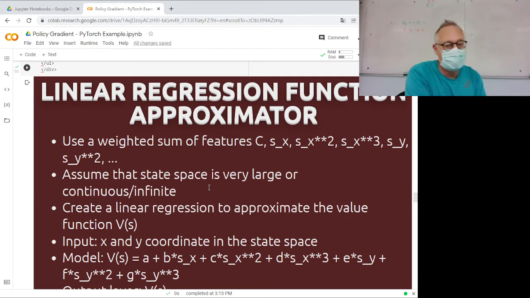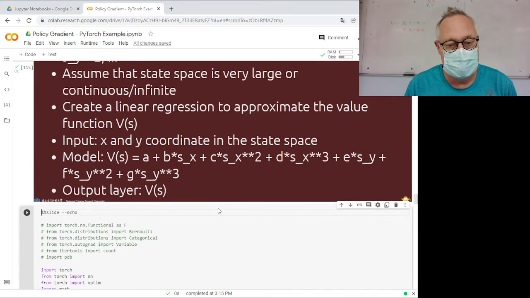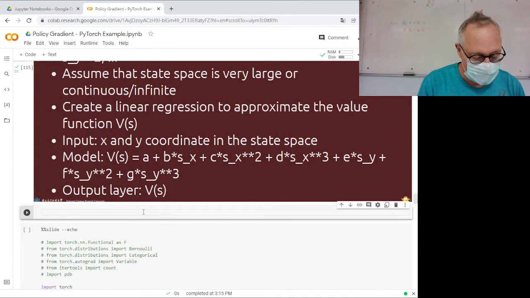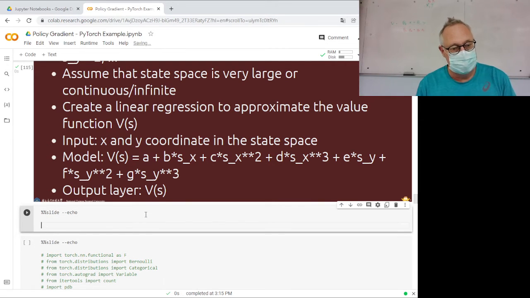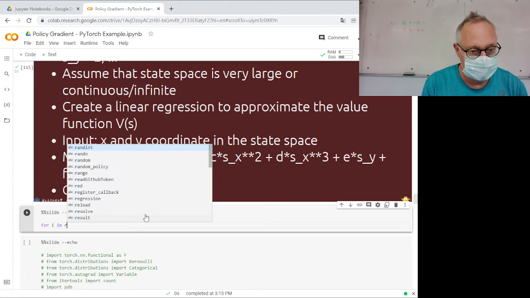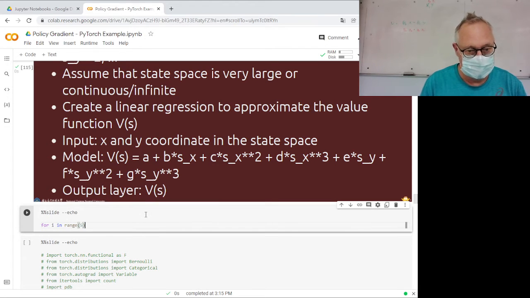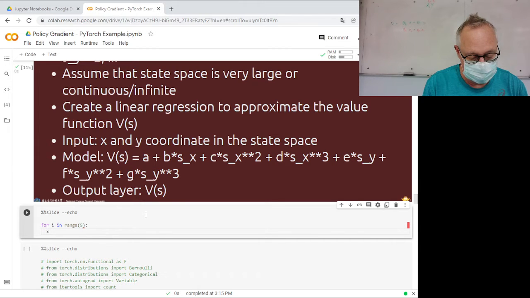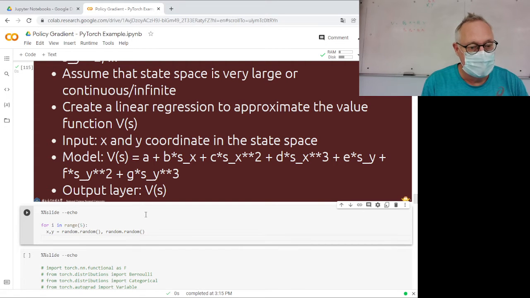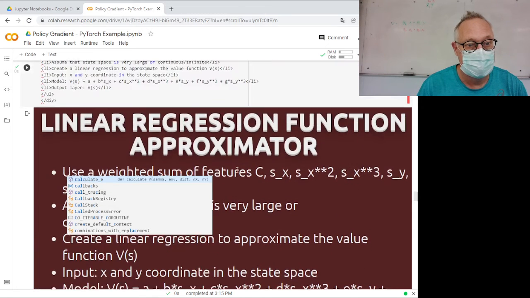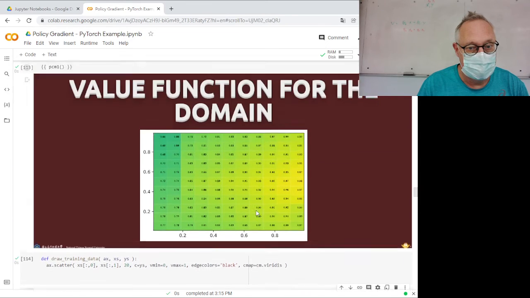Let me give you a set of coordinates, and then you can think about that. What did I call my function?